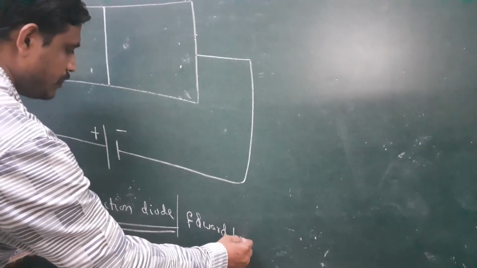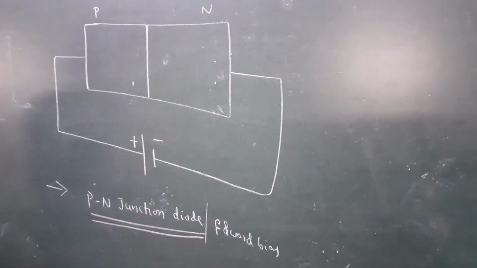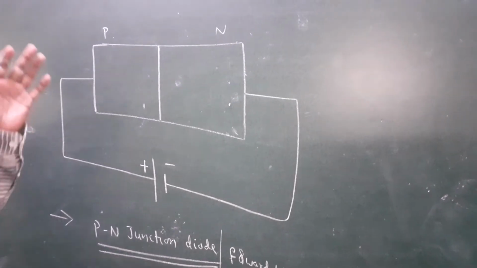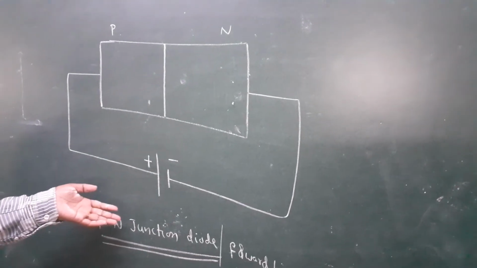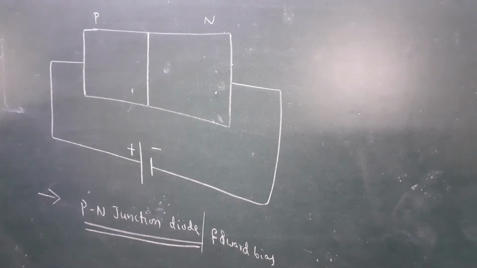This is the main thing. A photodiode is a PN junction diode which is reverse biased. A solar cell is a PN junction diode which is unbiased. And an LED is a PN junction diode with forward bias.